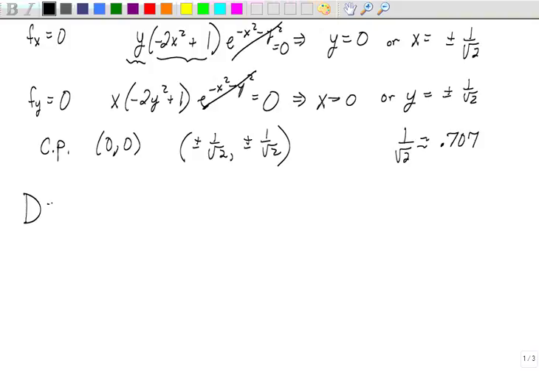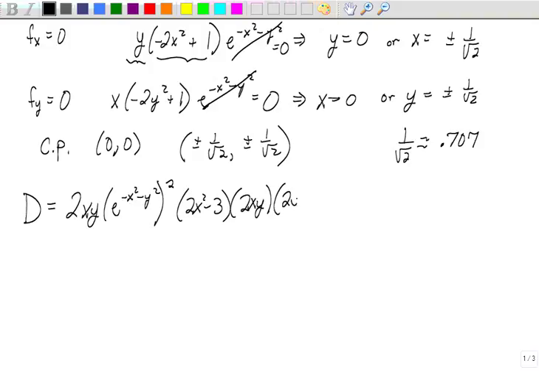So remember what D is. D is f sub xx times f sub yy minus f sub xy squared. So that's going to get squared. We're going to have two of those. And then we're going to have minus f sub xy squared.